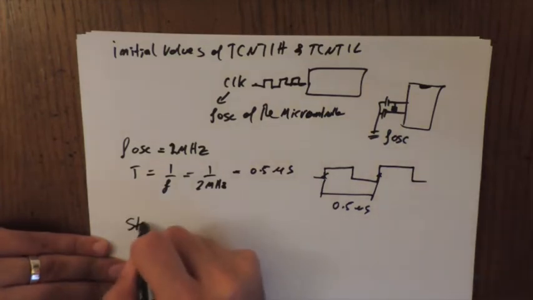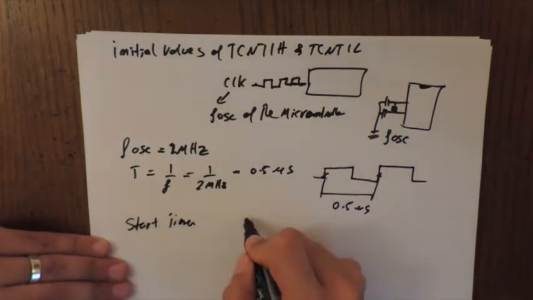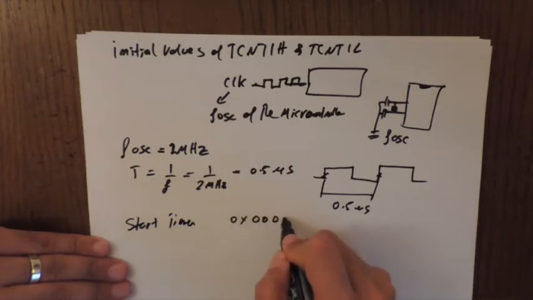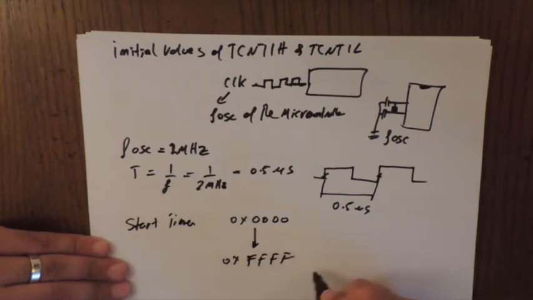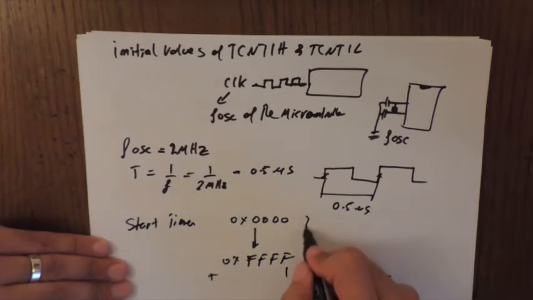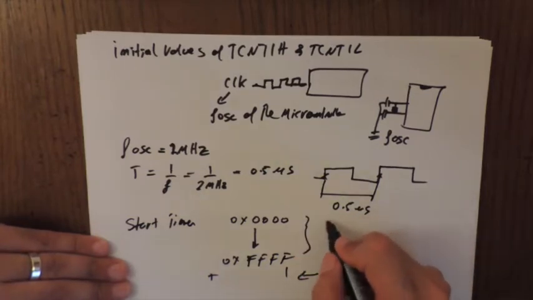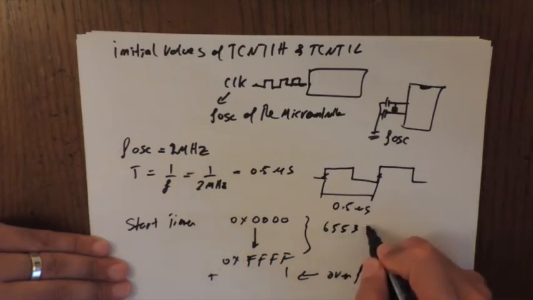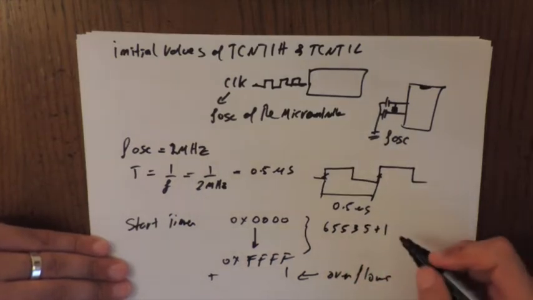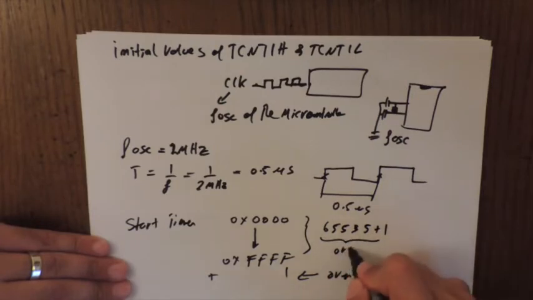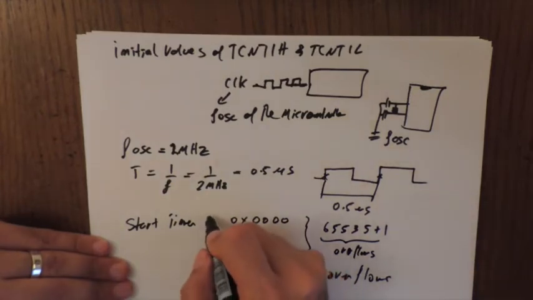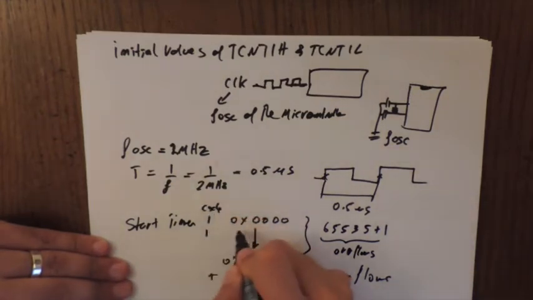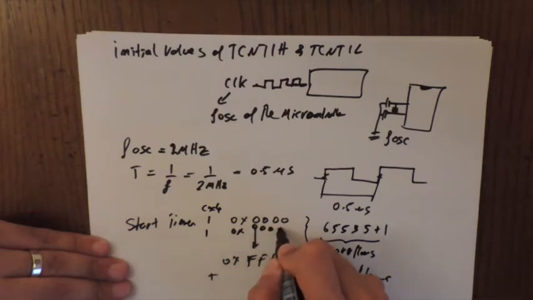When I start the timer, let's say we initialize it to 0x0000, and it counts up to 0xFFFF, then we add 1 and it overflows. So the value here is 65535 plus 1, so 65536. Here it overflows. Remember, at each cycle we do an incrementation.